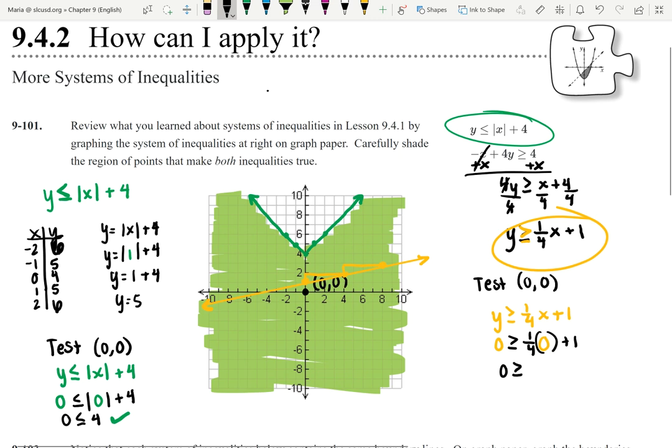See, 0, well, this is 0, so I'm left with 1 on the right side. Is 0 greater than or equal to 1? It is not. Since 0, 0 is not a solution, I'm going to shade on the opposite side. So not towards 0, 0, not below the line, above the line instead.